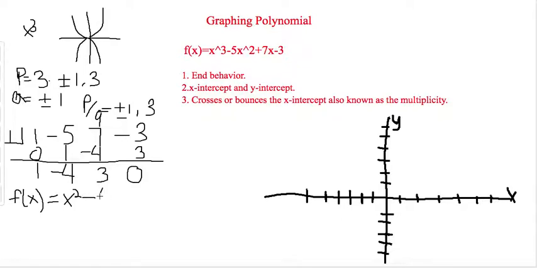So it's -4x plus 3, multiplied by the one we factored. Now it's not going to be plus 1, it's always the opposite, so it's x minus 1.